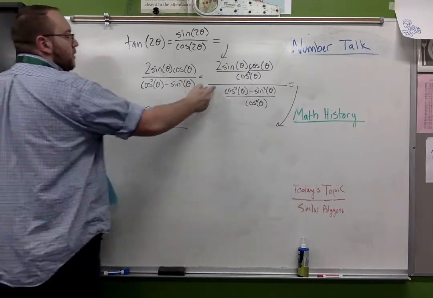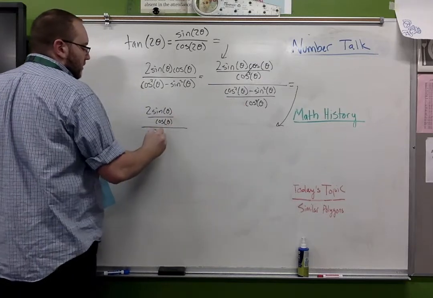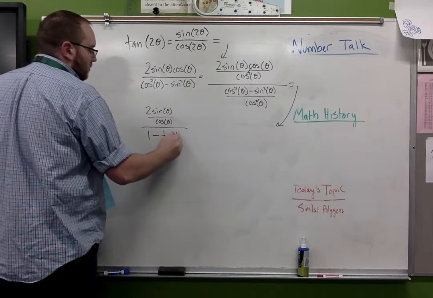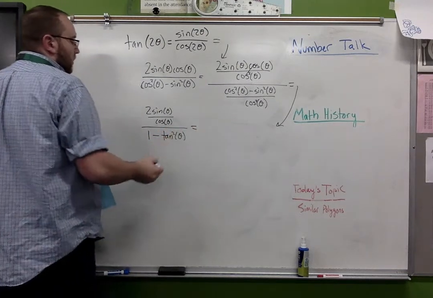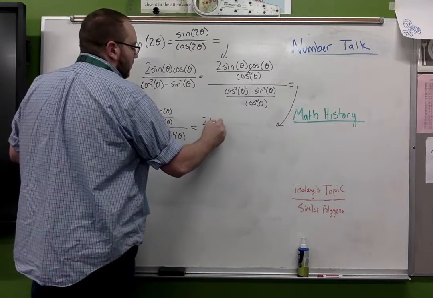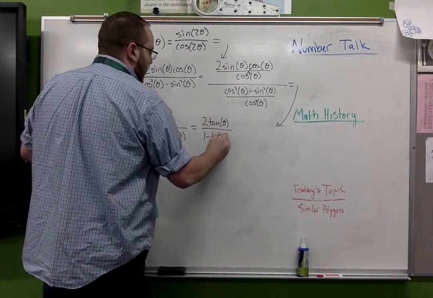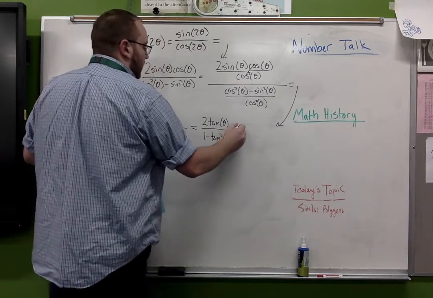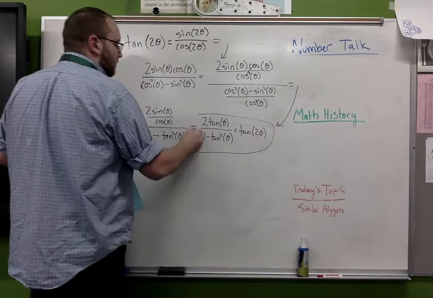In the denominator, cosine squared over cosine squared is 1, minus sine squared over cosine squared, which is tangent squared. And in the numerator, sine over cosine is tangent, so 2 tangent theta over 1 minus tangent squared of theta. And that's the double angle identity for tangent.